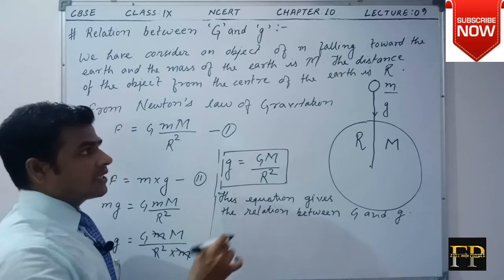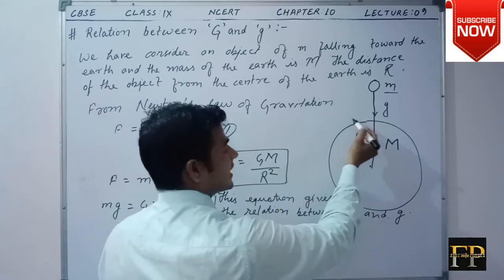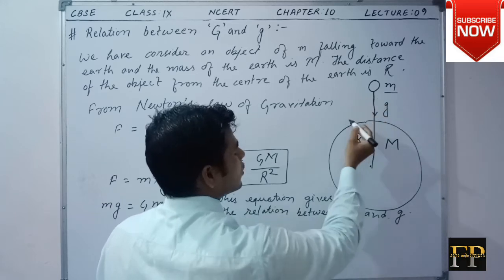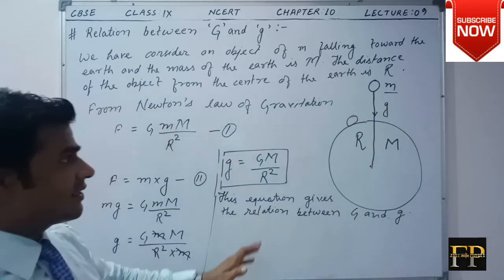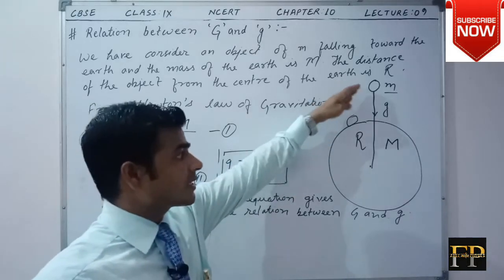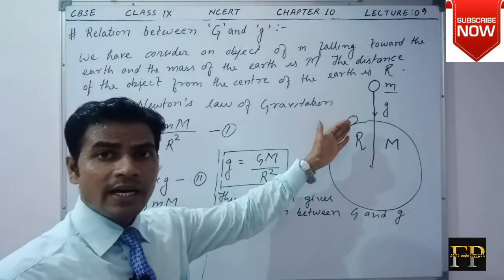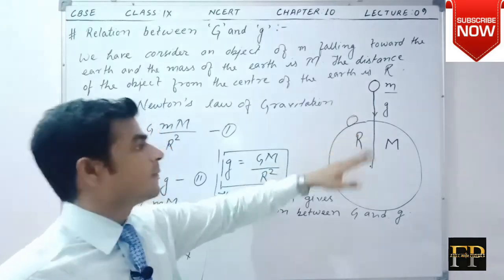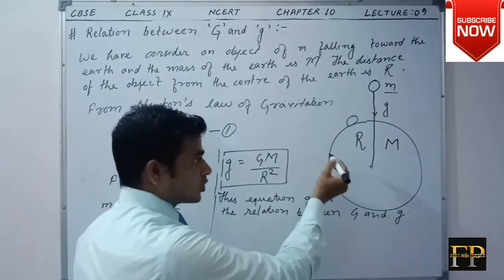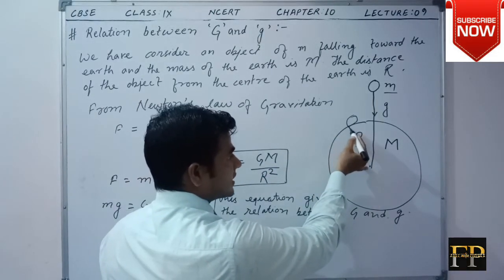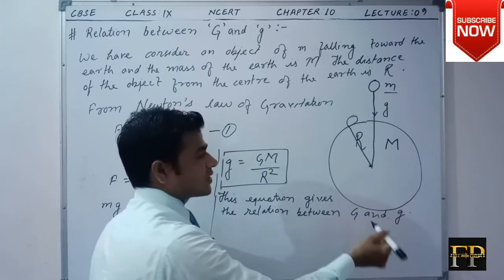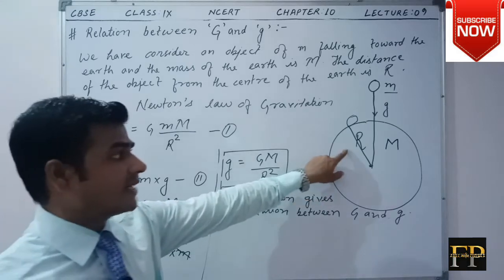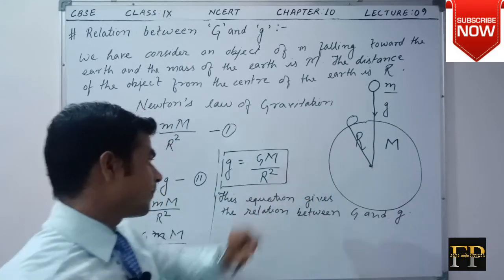So imagine an object is nearby the surface of the earth or on the surface of the earth. Then the distance between the object and the center of the earth will be equal to the radius of the earth.